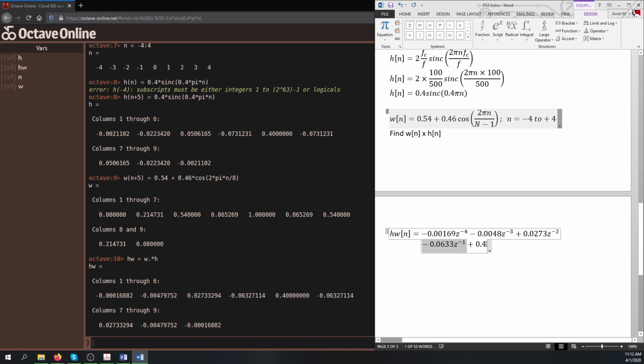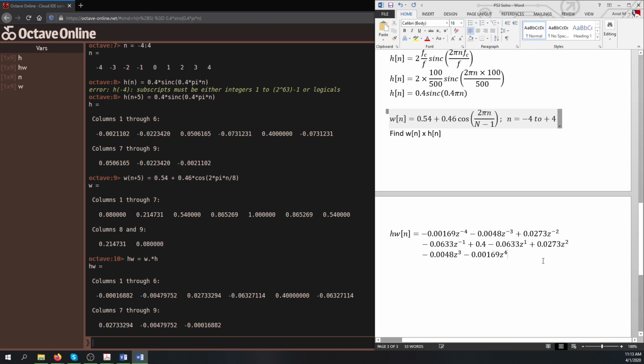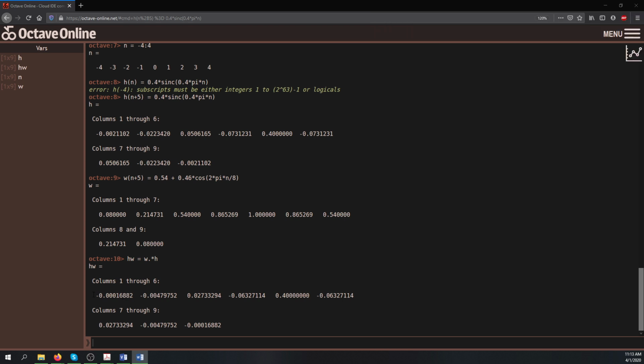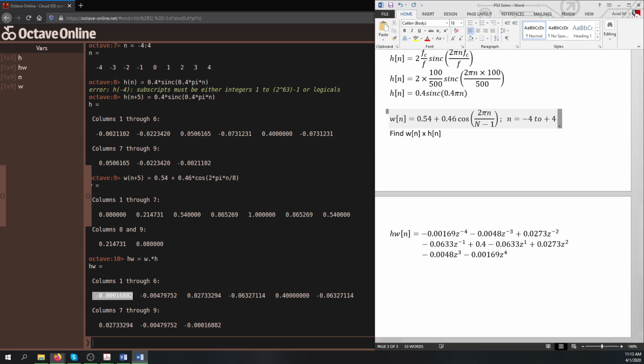because it's symmetrical, it repeats, so this now is going to be z to the 1, this will be z to the 2, this will be z to the 3, this will be z to the 4. And we can see here that the coefficients map, because our first coefficient here maps to this coefficient here even though it's truncated.